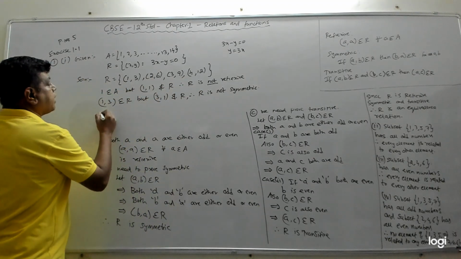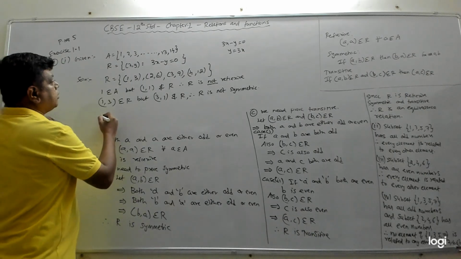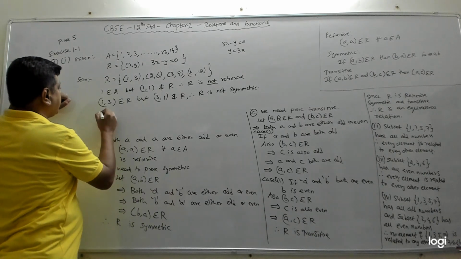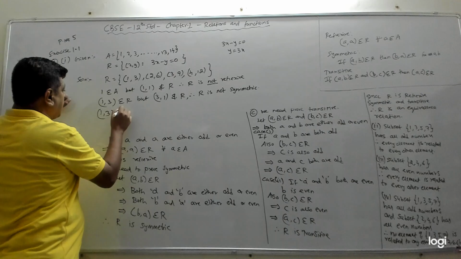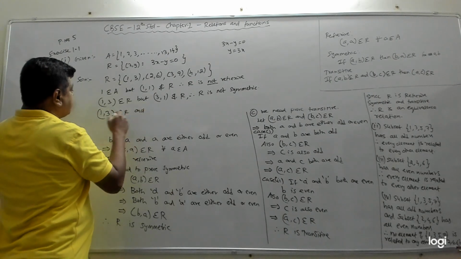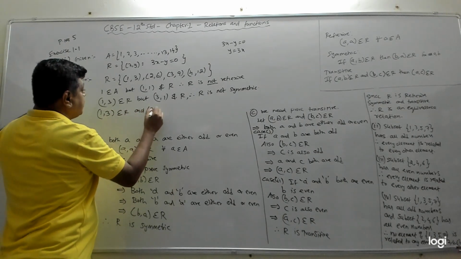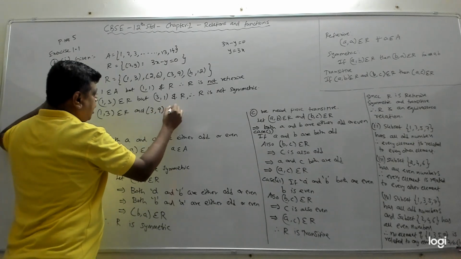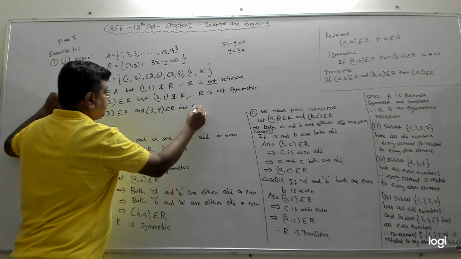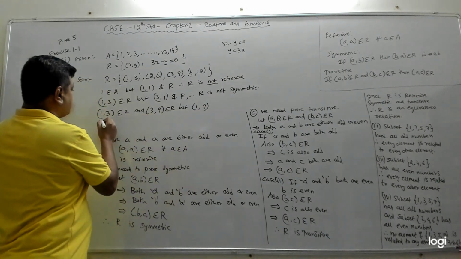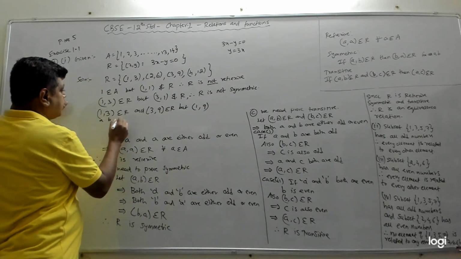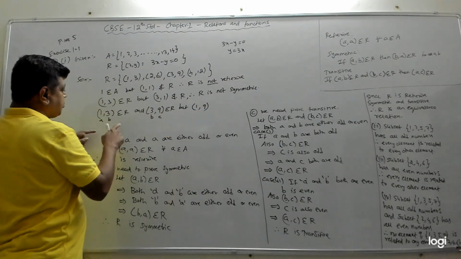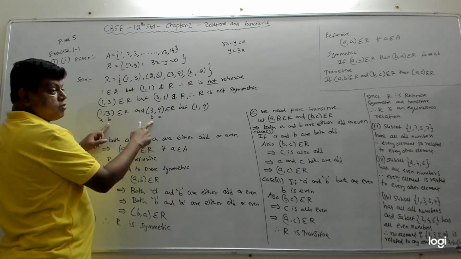So for transitivity, to disprove transitivity, we'll take 1 comma 3 is in R, and this is a comma b. Then b comma c belongs to R, but a comma c, because this is your a, b, this is b, c. See, these two numbers should match. If it is ending with 3, it should start from 3.